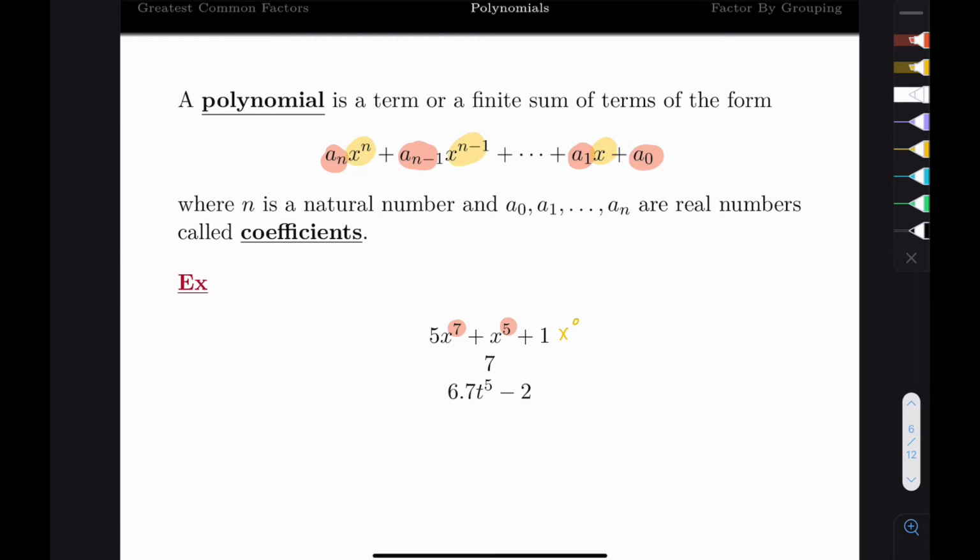You can absolutely have decimal numbers in front of the variable, but it's our powers on variables that have to have nice integer numbers. And then -5z is one last example that is also a polynomial. So with these, you can have multiple variables too. We want to be able to figure out what is the biggest thing I can take out from these polynomials.